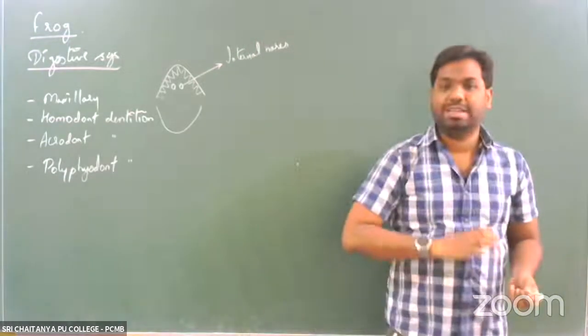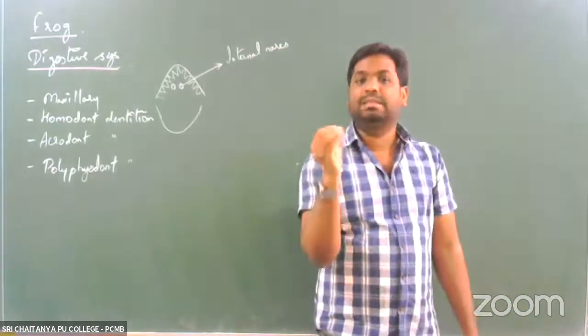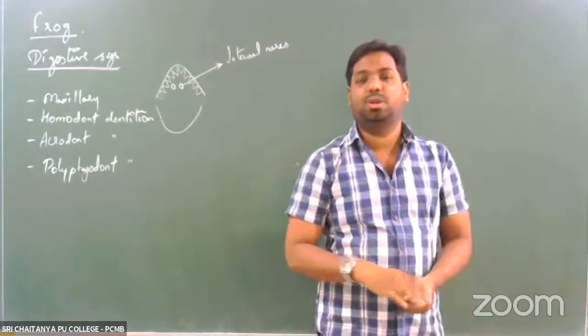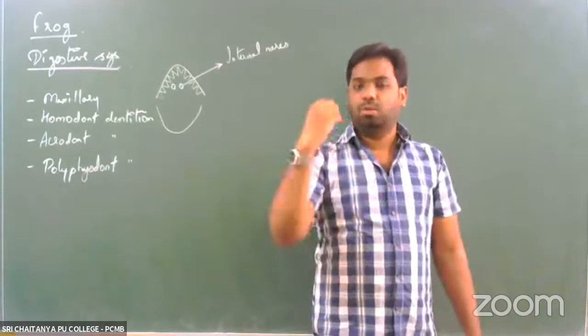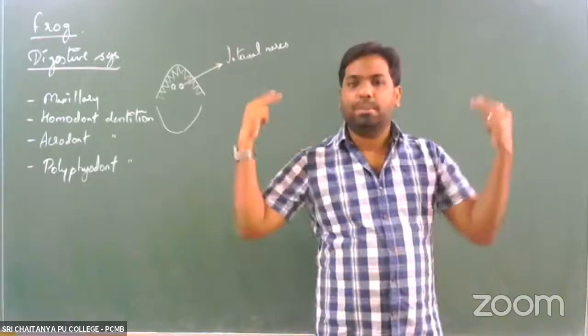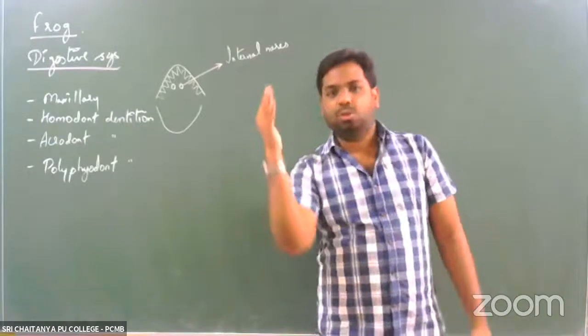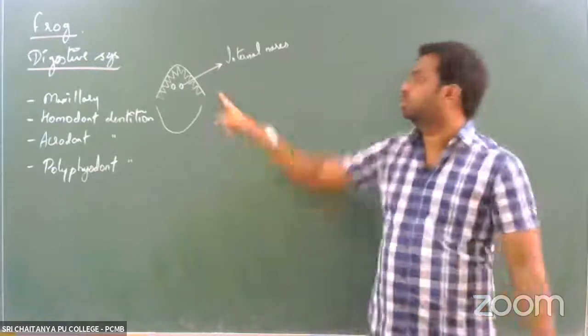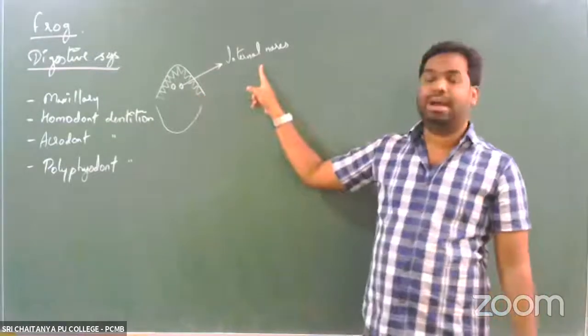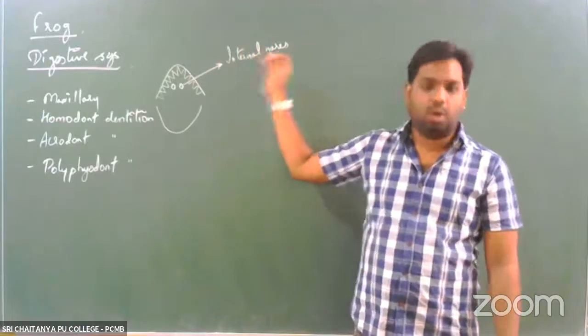In the previous session, when we talked about morphology, we said that the head of the frog has the external nares, or nostrils, towards the tip of the snout. The nostrils open into the nasal chamber, and through the nasal chamber they open out through these openings, the internal nares, or internal nostrils.